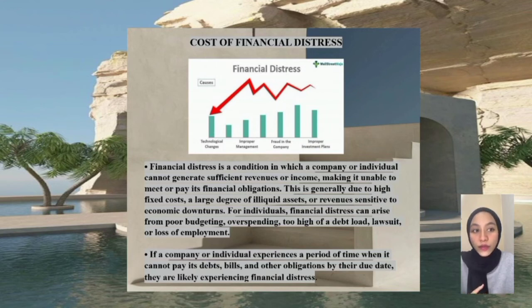For individuals, financial distress can arise from poor budgeting, overspending, too high of a debt load, loss of employment. And the second is, if a company or individual experiences a period of time when it cannot pay its debts, bills, and other obligations by their due date, they are likely experiencing financial distress.